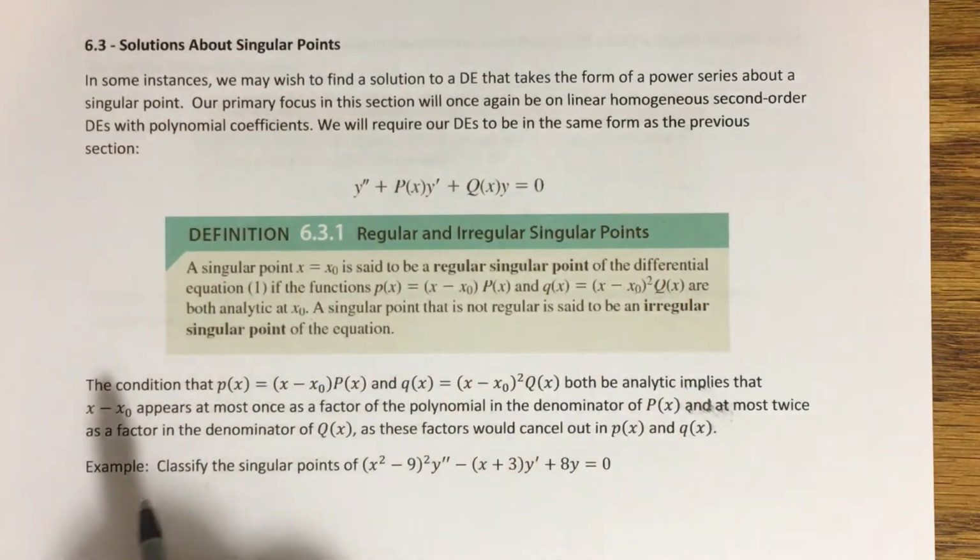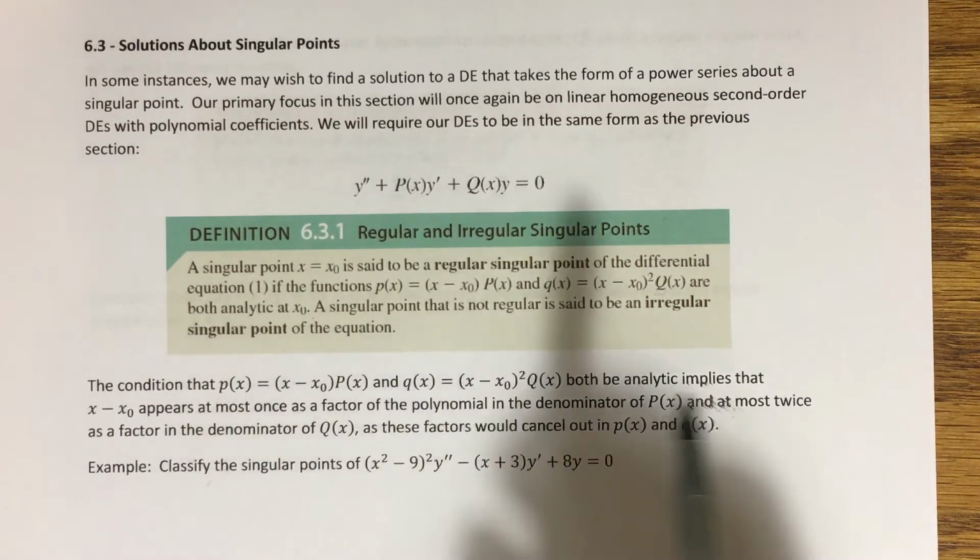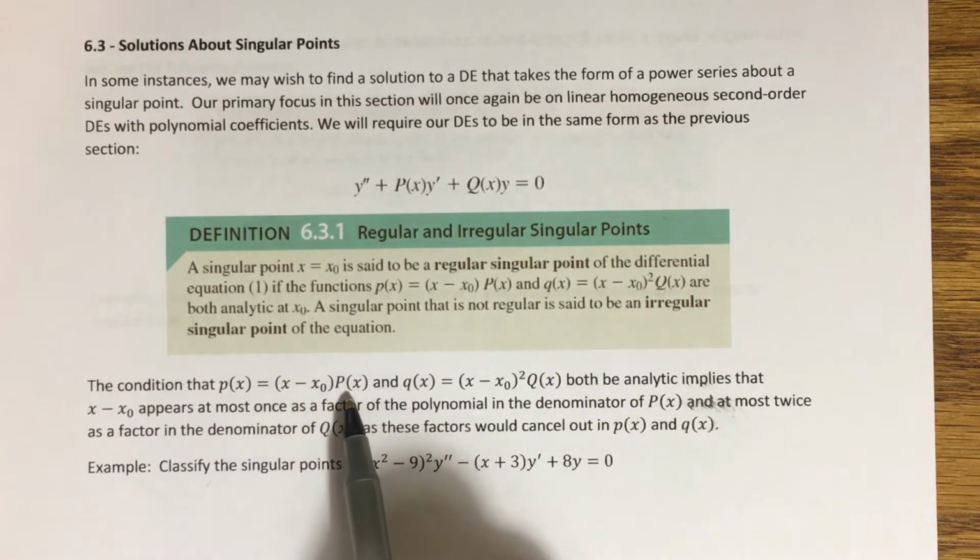Now I want to think about what this condition implies. Suppose, for example, that x naught is a singular point because maybe x minus x naught shows up as a factor in the denominator of p of x. If p of x is a rational function and in its denominator we have x minus x naught, then that function would not be defined at x naught, and that's part of the reason we would have a singular point at x naught.